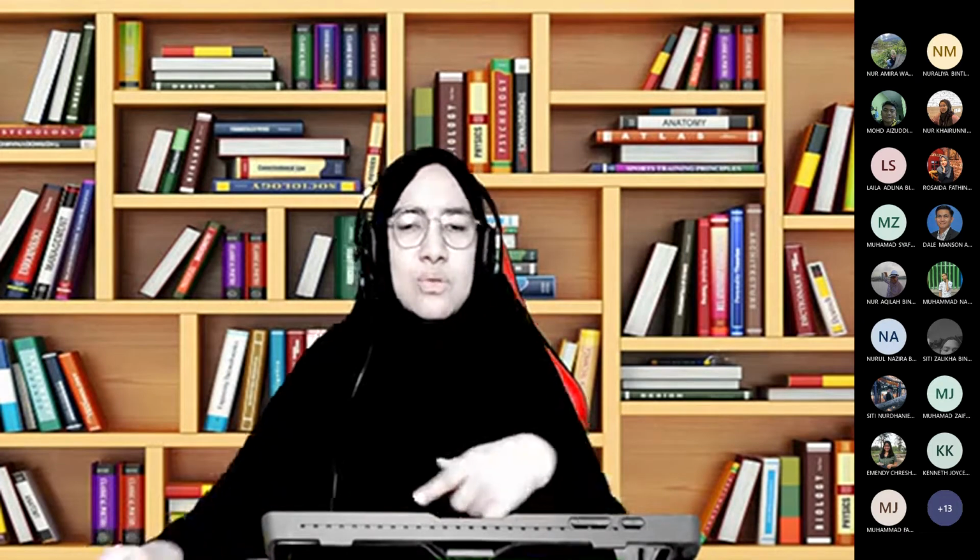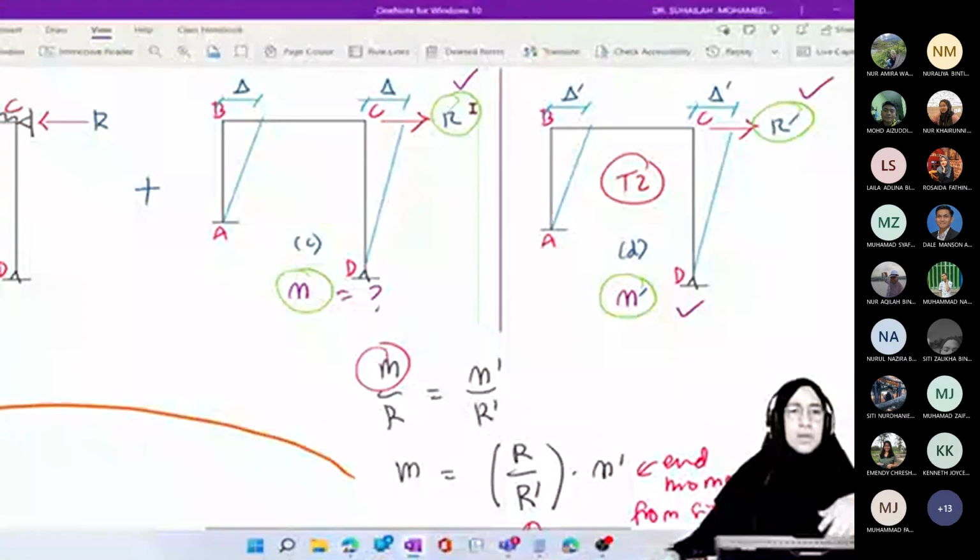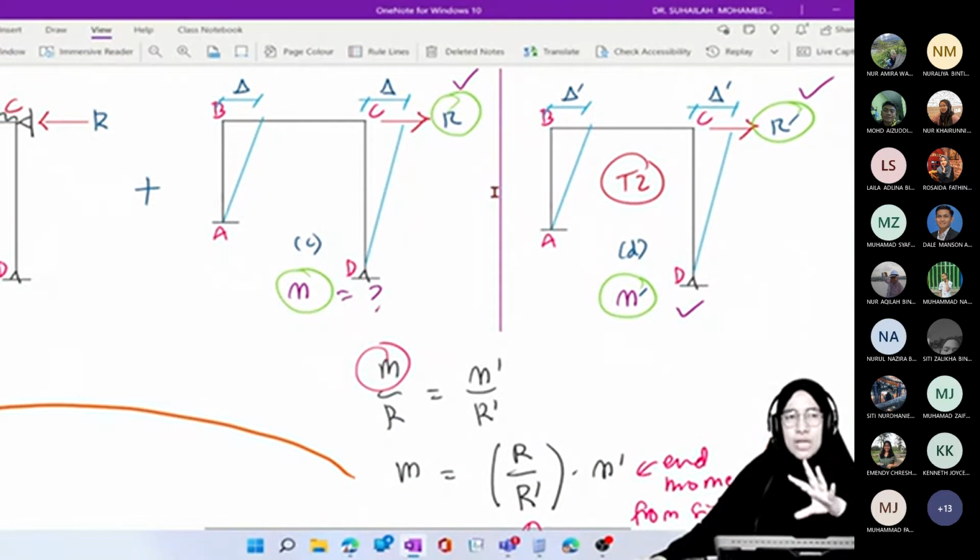Bila kita buat interpolation. That's why dekat C tu saya tanda ni. Okay. Ni. Bila kita buat interpolation ni, interpolation R value yang kita calculate from table 1.